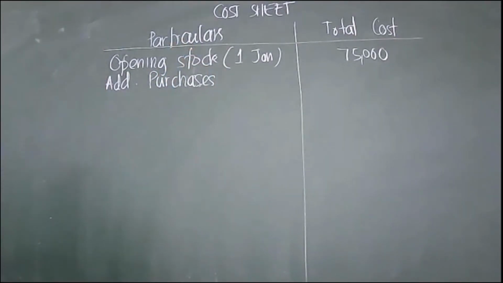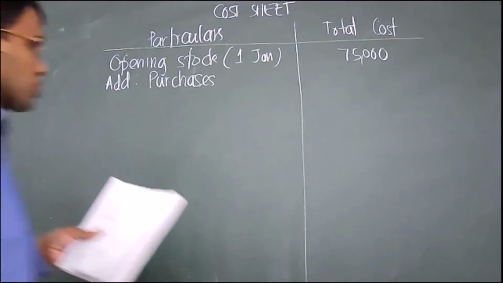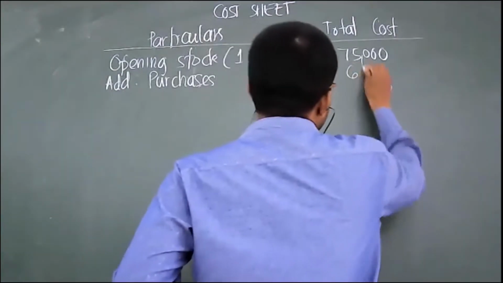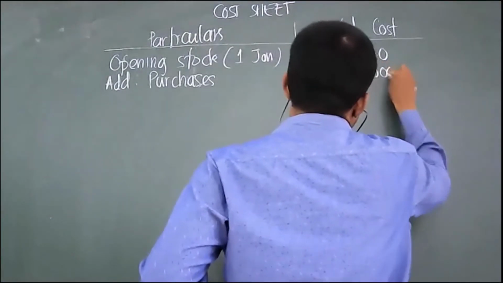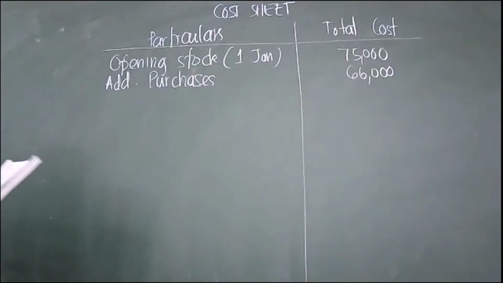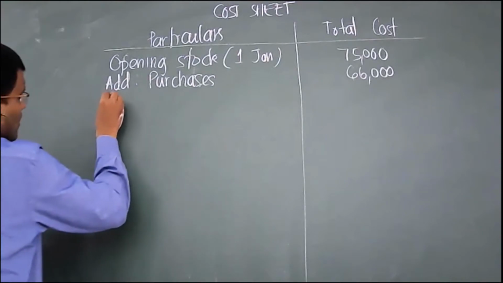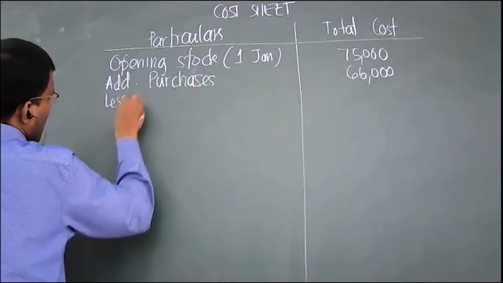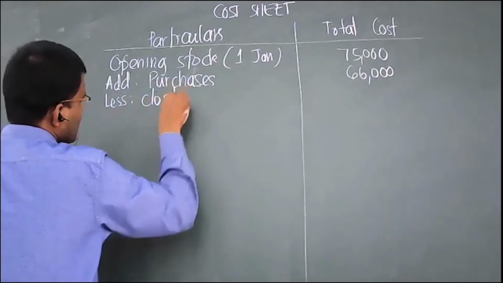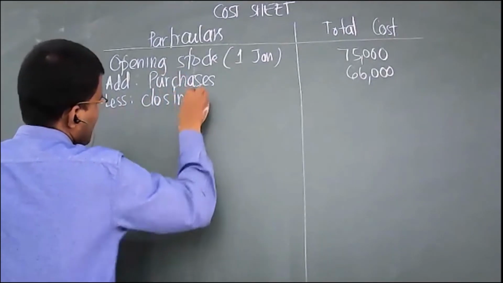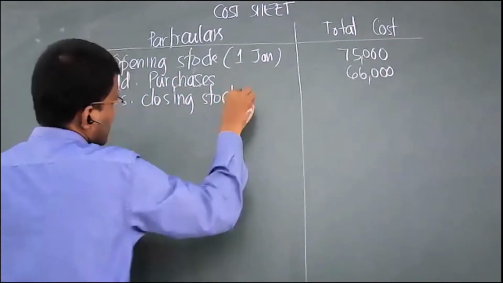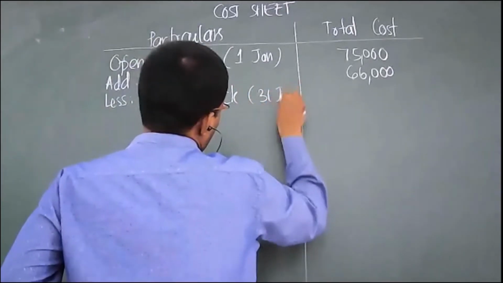Purchases is 66,000. Then from this, we have to subtract the closing stock.